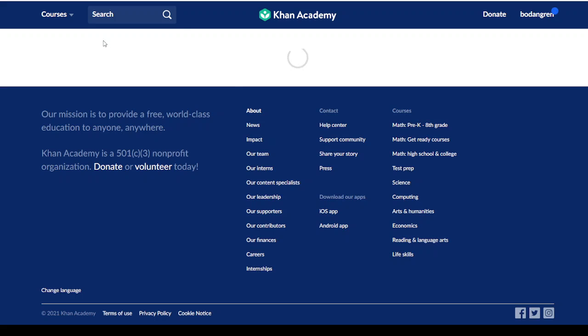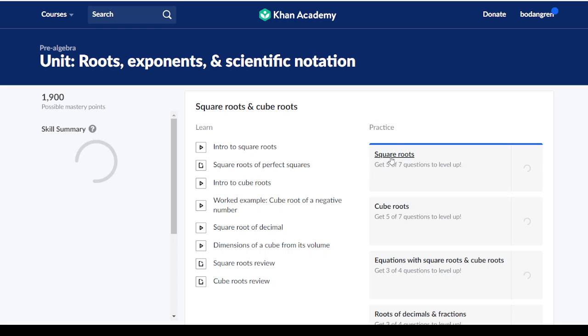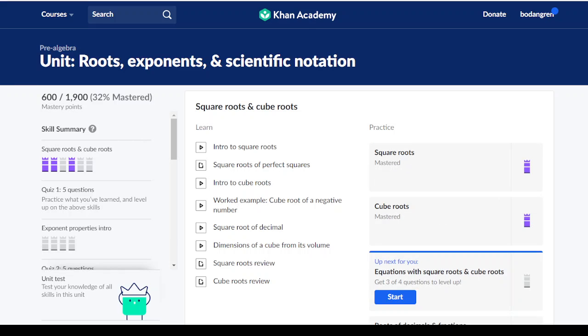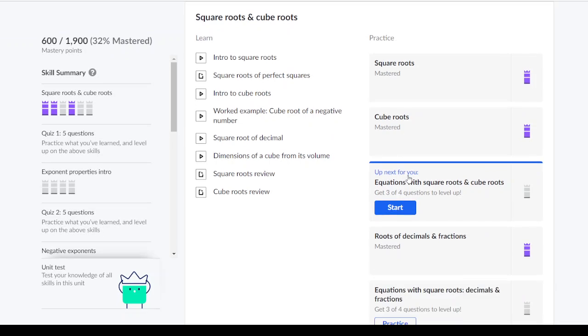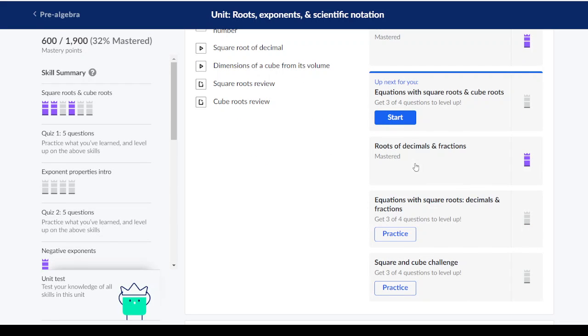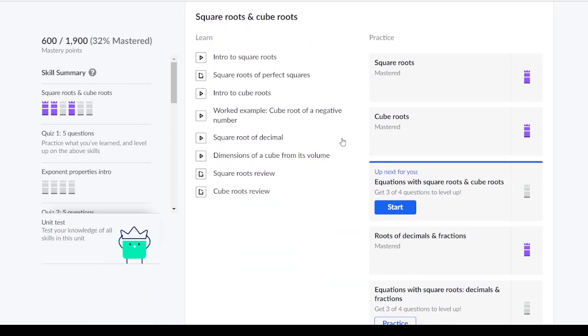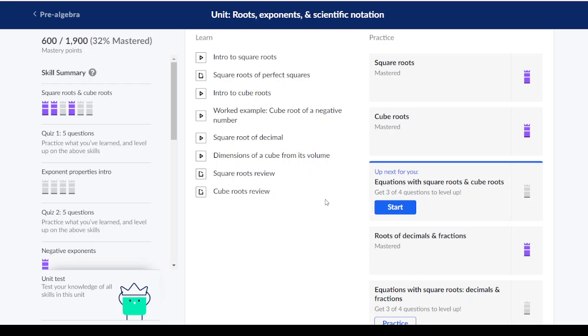For that, I want you to start looking at square roots and cube roots and see if you can do those. There are some videos, intro to square roots, and then you'll do the square roots practice, or intro to cube roots, and then the cube roots practice. I want you to work on those. If you're that good, you can go down to roots of decimals and fractions and move ahead a little bit to get some extra work.